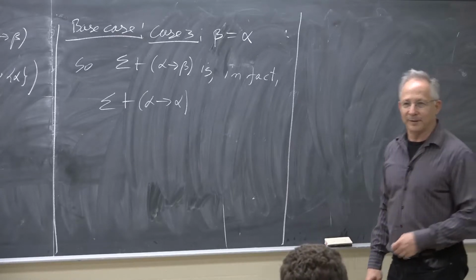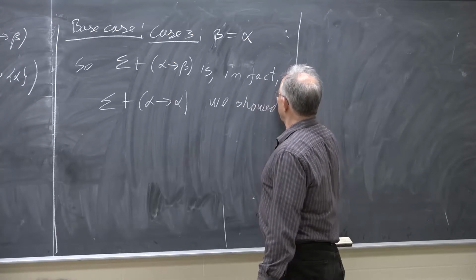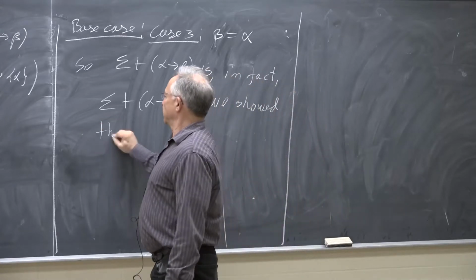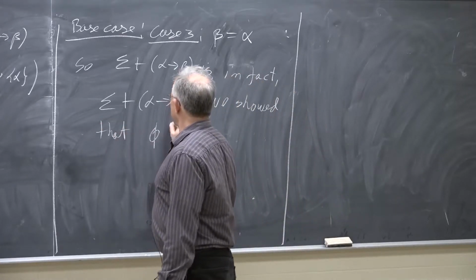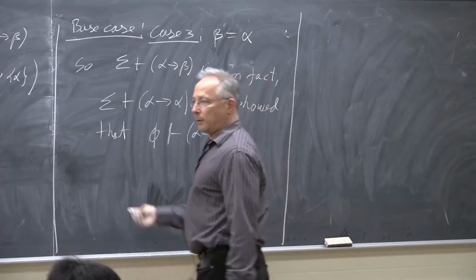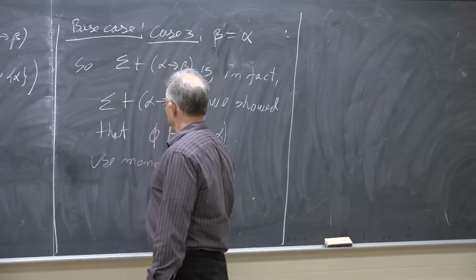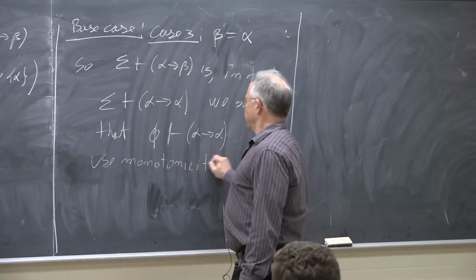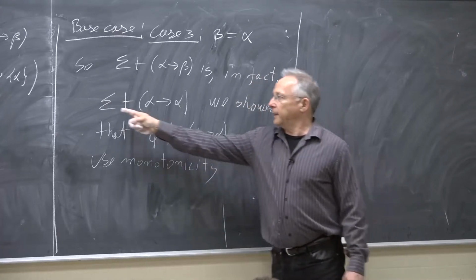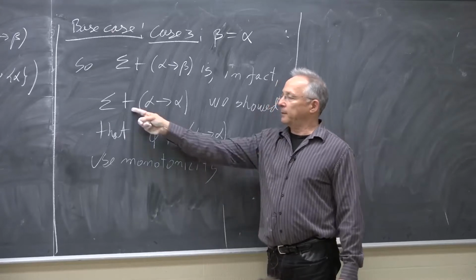It's not an axiom, but we already showed that the empty set proves alpha arrows alpha, and now we can use monotonicity. Sigma is bigger than the empty set, so everything that I could prove from the empty set, I can prove from sigma.